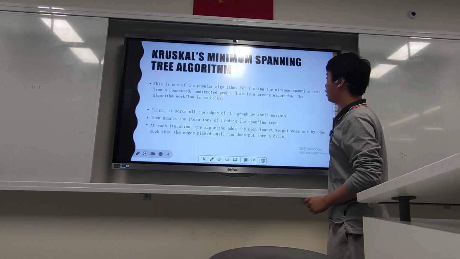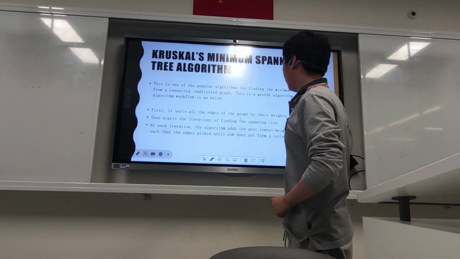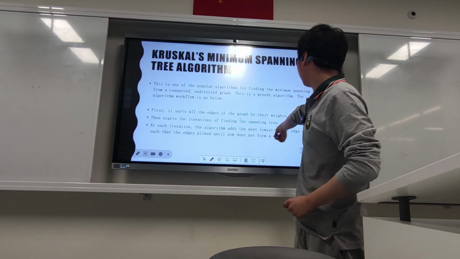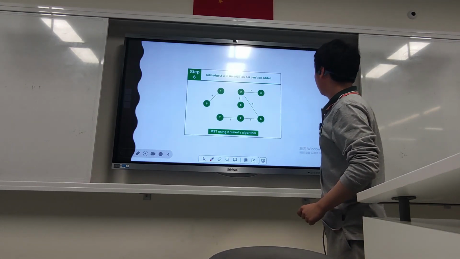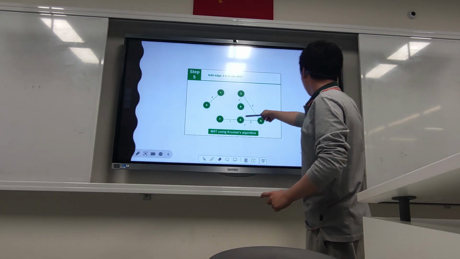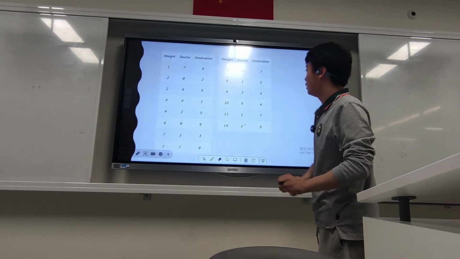However, according to our algorithm, we will just add the edge such that the edges picked until now do not form a cycle. So we'll not add an edge here, we'll just ignore this edge from the original graph.